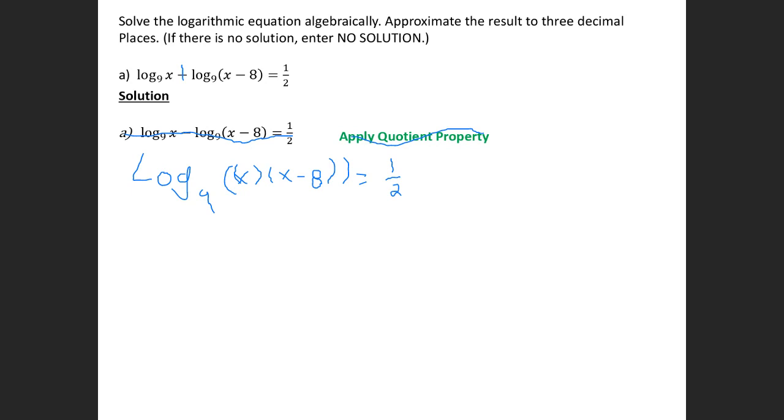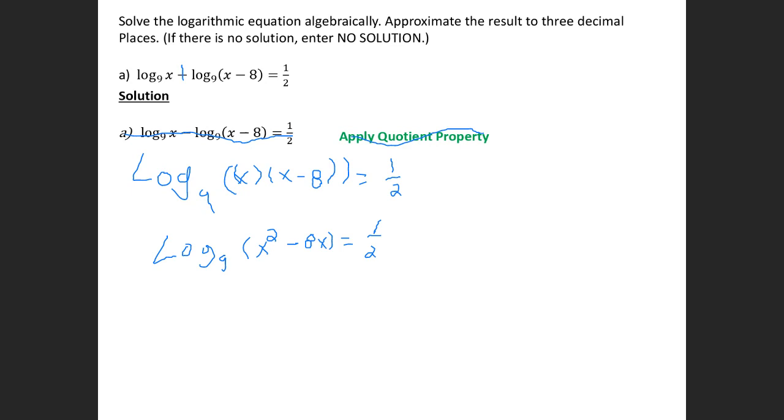This gives me the log base 9 of x squared minus 8x equals 1/2.